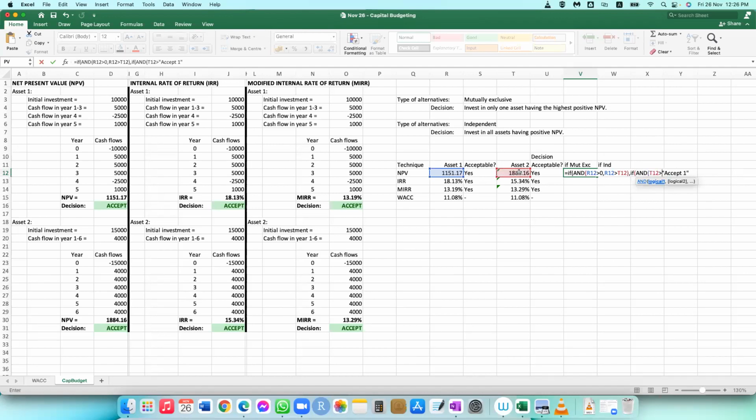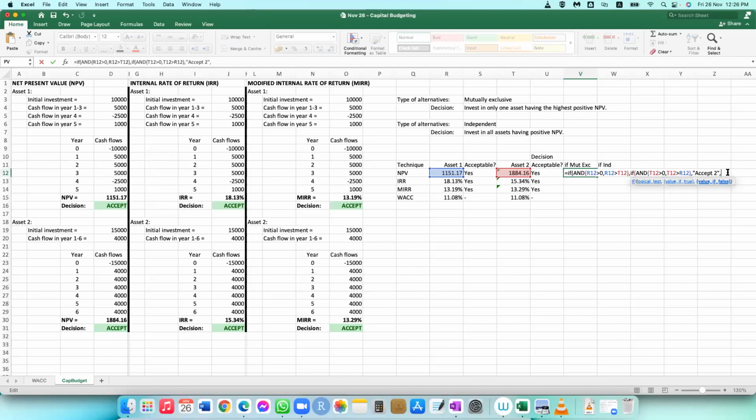If this one is greater than 0, and also this one is greater than the other one, if this condition is fulfilled, then accept 2. In this case, we will write accept 2, or you can also write accept asset 2. Okay, now press comma.